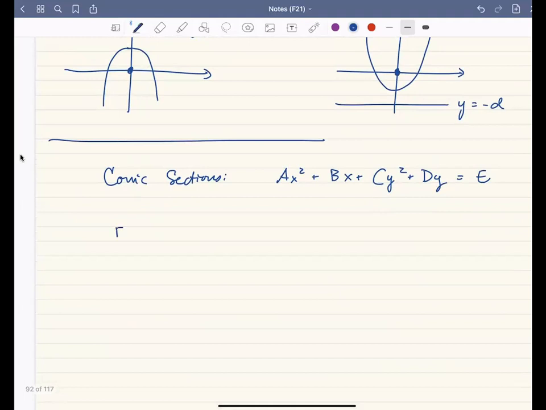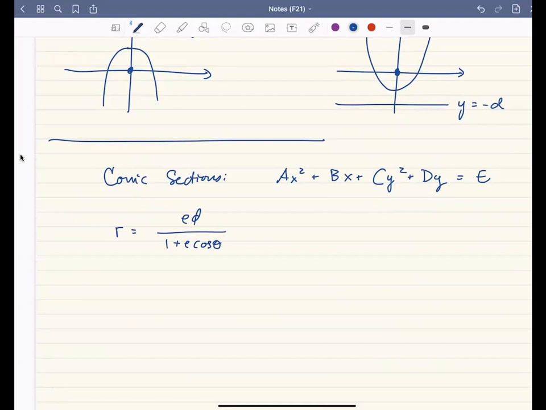And then I'm just going to pick one of these equations, something like r equals ed over 1 plus e cosine theta. And what I want to do is turn this from polar into a Cartesian equation. Okay.